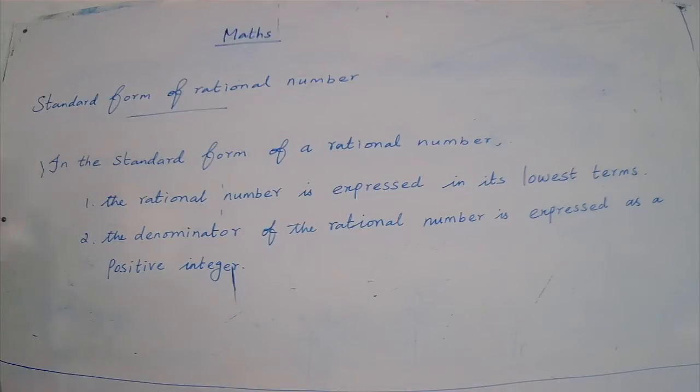Standard form of rational numbers. In the standard form of rational number, first point is the rational number is expressed in its lowest terms. Second, the denominator of the rational number is expressed as a positive integer.